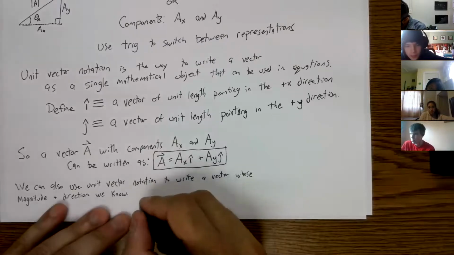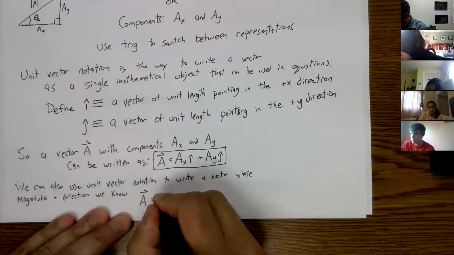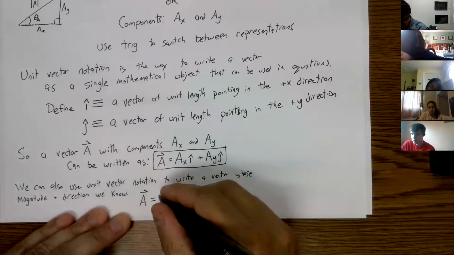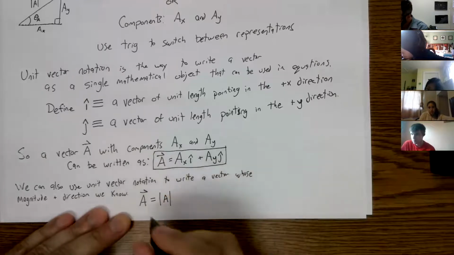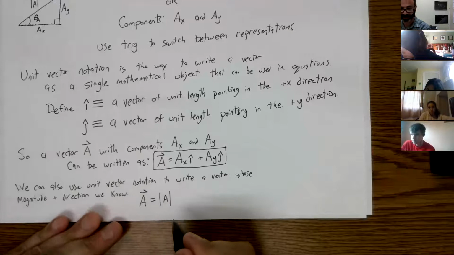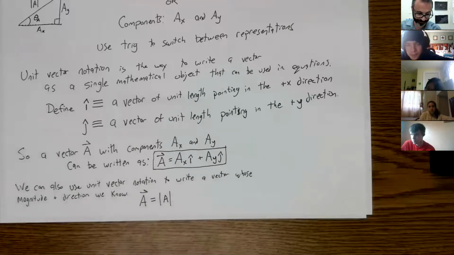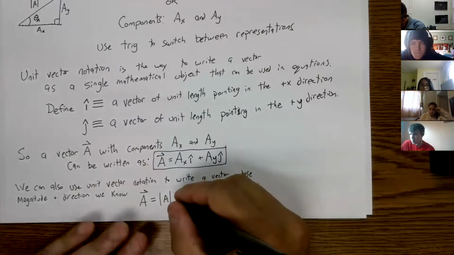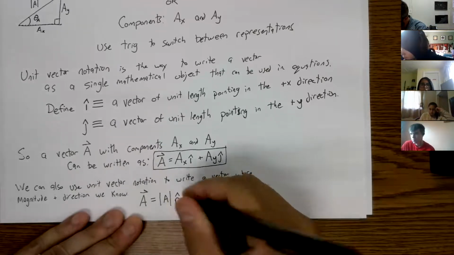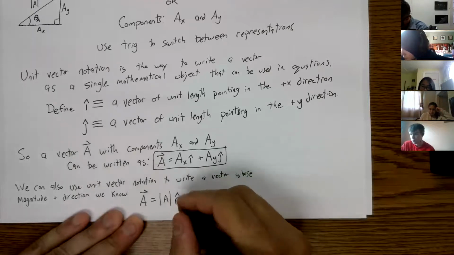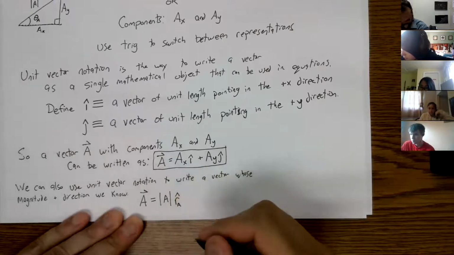We can write that vector A is going to be equal to the magnitude of A, right? And the absolute value sign also means magnitude, the length of a vector. It's pretty similar to absolute value in one dimension. And we would put that in the r hat direction of A.